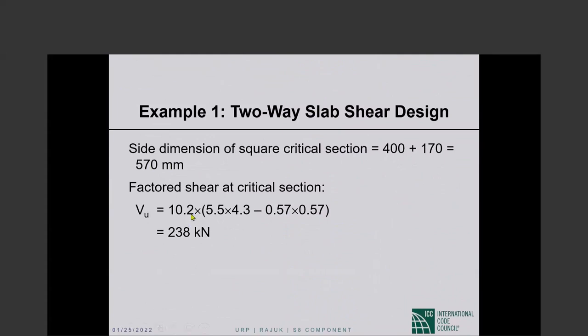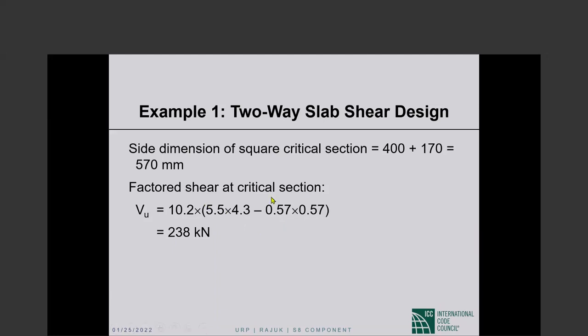Factored shear at critical section. So 10.8 kilonewton per square meter is the load. Then the entire panel area is 5.5 times 4.3. These are in meters, minus the area within the critical section. So the idea is we are calculating the load that is sitting on the panel outside of the critical section.